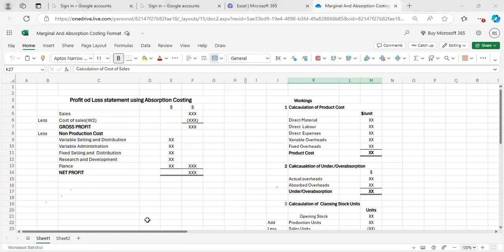In the question, we will see what your budgeted production volume is and what your actual production volume is. If these differ, then we will calculate under or over absorption.